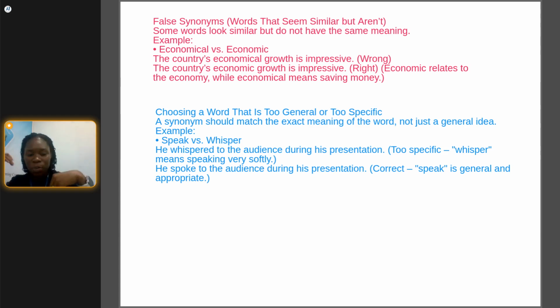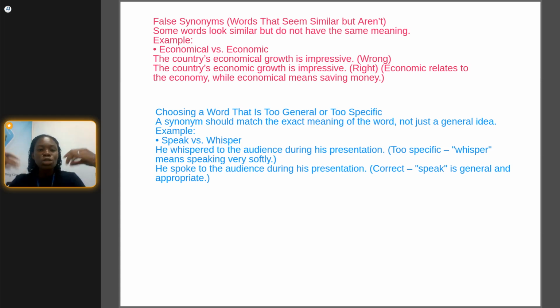Speak versus whisper. I hope we know that the word whisper is a form of speaking. While speaking is general, whisper is specific because it means to speak very softly. When you say speak, speaking in general just means, okay, just talk.